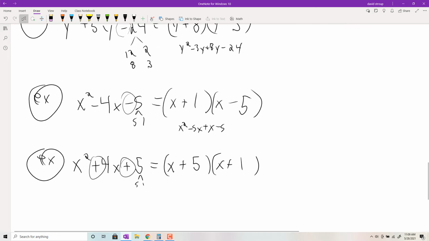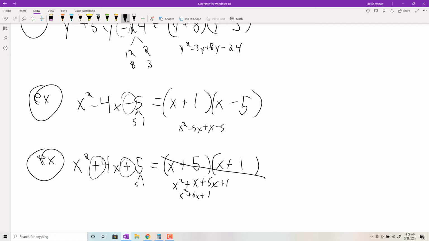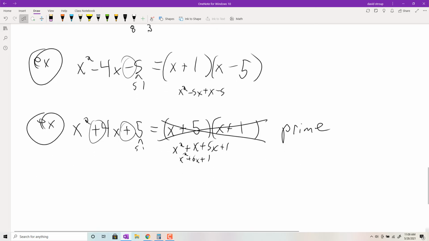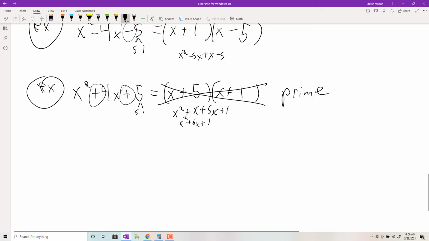But there's a problem, right? You try to FOIL it and see if you get back to where you started. First, outer, inner, last, you get x squared plus 6x. It doesn't work, and this is the only possibility. So what does that tell you? That tells you basically that this thing is prime. You can't factor it. So those do happen.